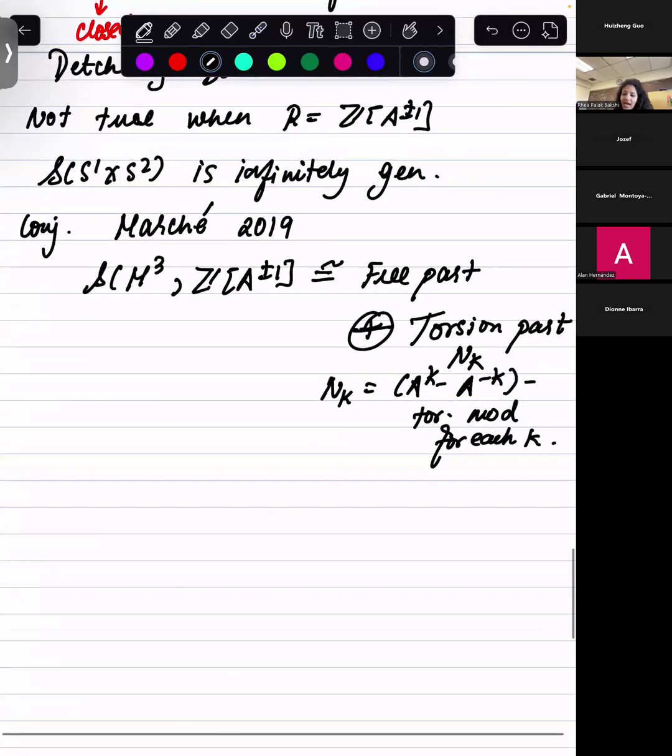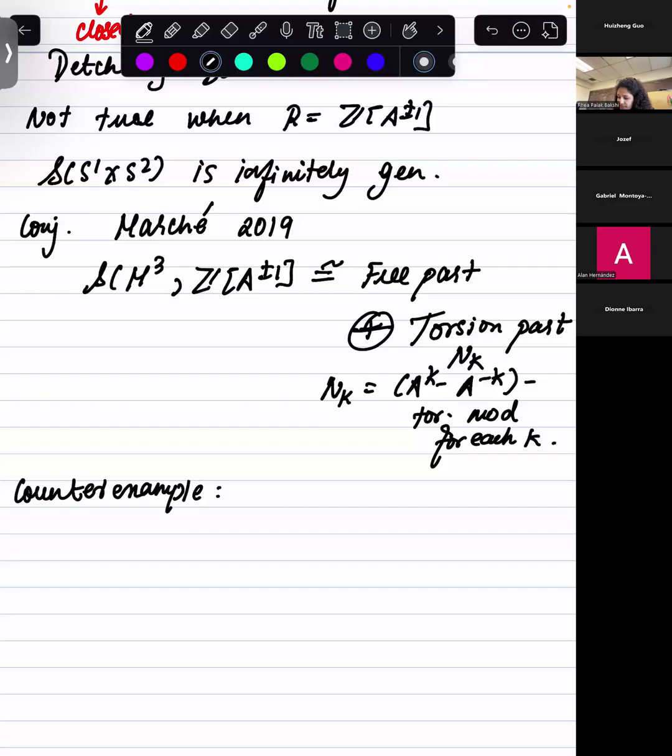Okay, but it turns out that this is not true in general. So there is a counterexample, which was given by RP3 connected sum RP3. So the structure of this Skein module is rather ugly. It has two copies of the free part, and then there's this third part, which is not torsion, it's not cyclic.